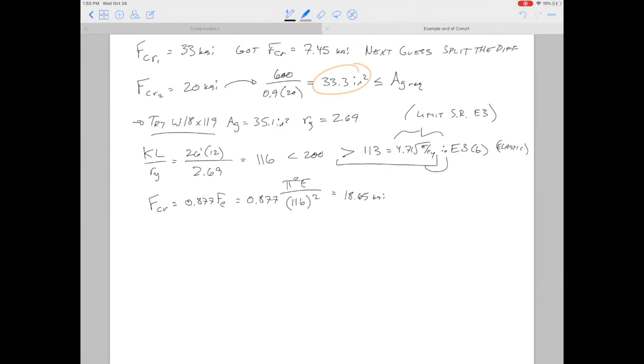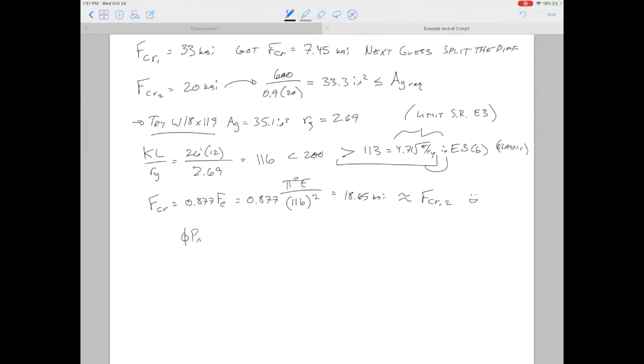Also, my areas were very close as well. So it's looking good. Next thing I need to do, I'm saying this is pretty close to my assumed F critical, so I'm happy.